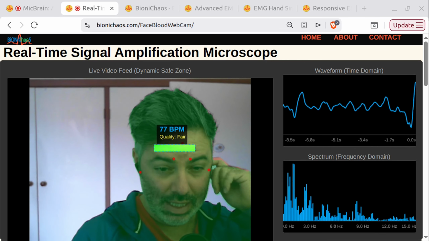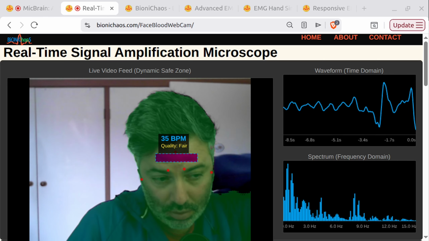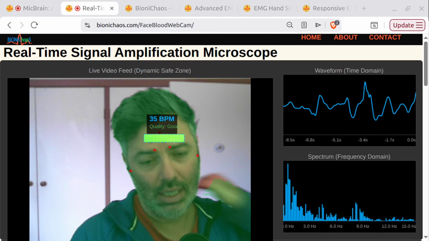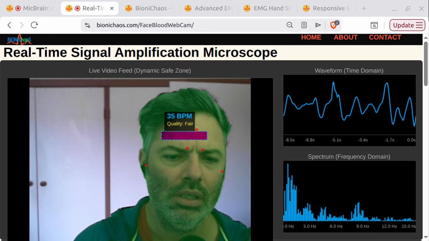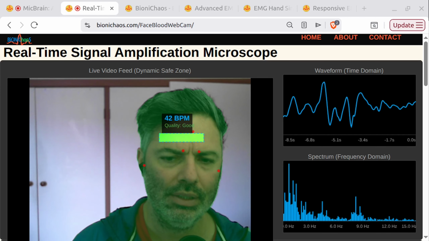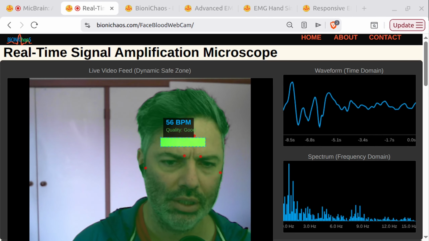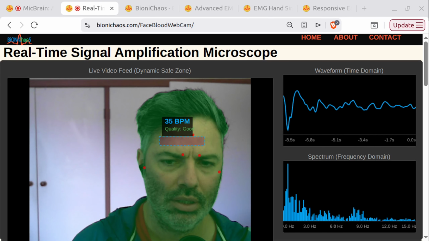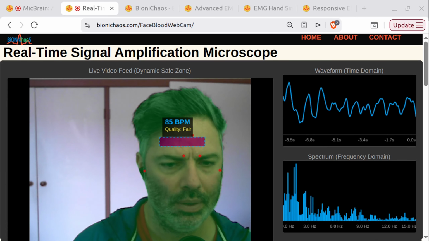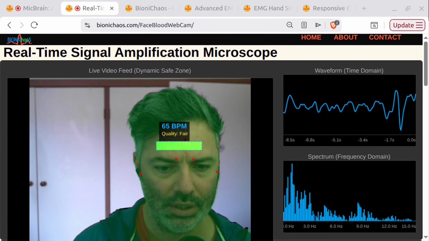Hemoglobin, that's option A answer. Option B, hemoglobin reflects green light during peak systolic pressure. Not sure actually.